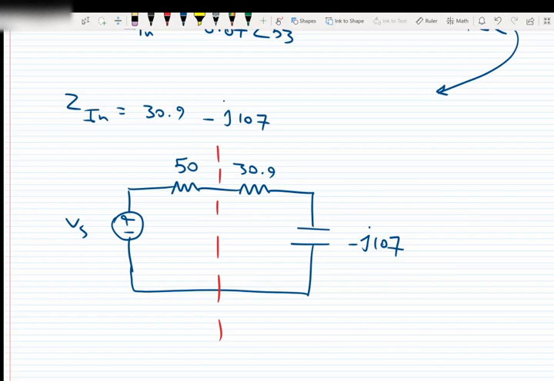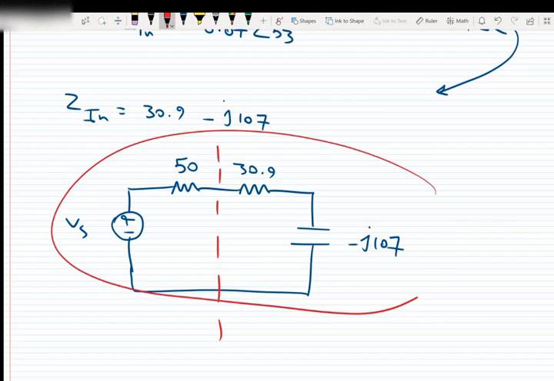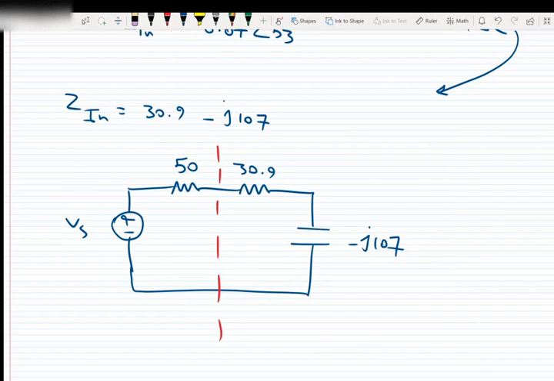So if you are asked to draw or find the equivalent circuit, you can say this is the equivalent circuit of the example. Okay, so that was the node voltage analysis for AC circuits.